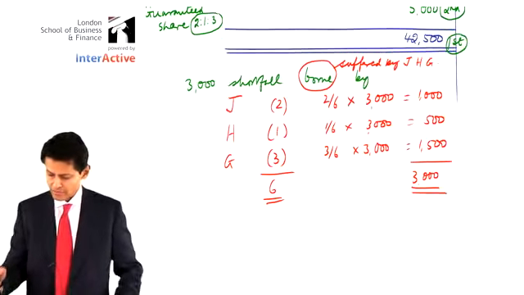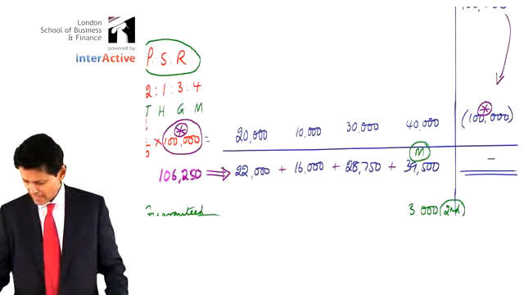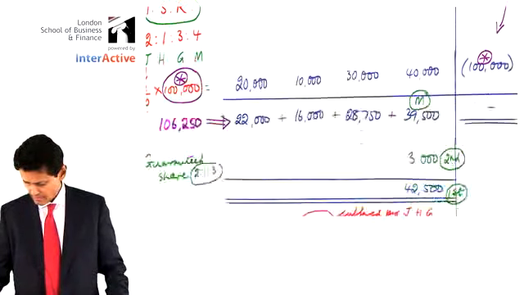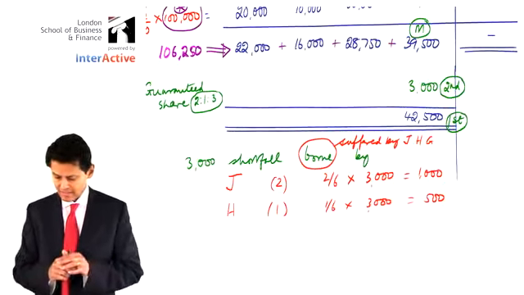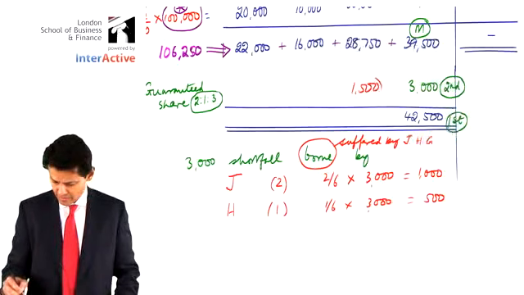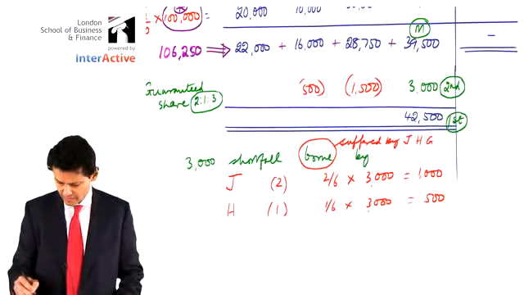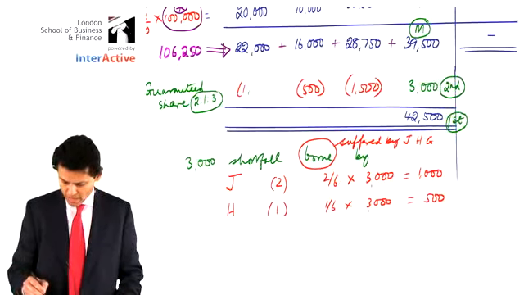So what I'm then going to have to do is come back to the 3,000 line and start taking out 1,500. Taking out, be careful. 500, careful. 1,000.